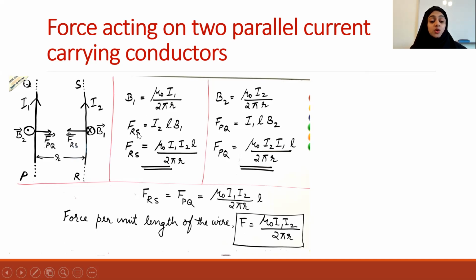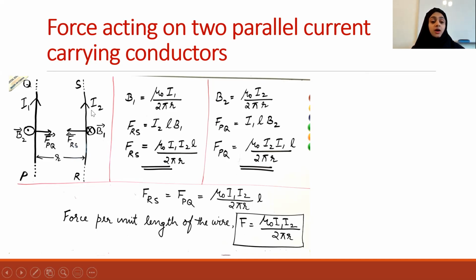Now what is the force? F is equal to I L B sine theta. So what is the force experienced by this wire RS? I L B sine theta. So I am taking here the current in RS. So current in RS is I2. L is the length of the wire.